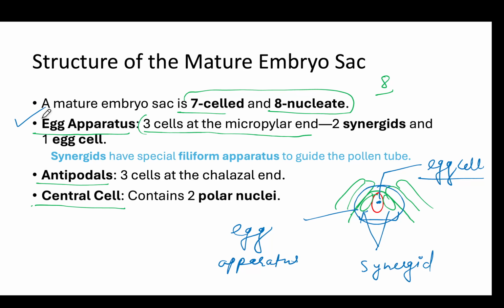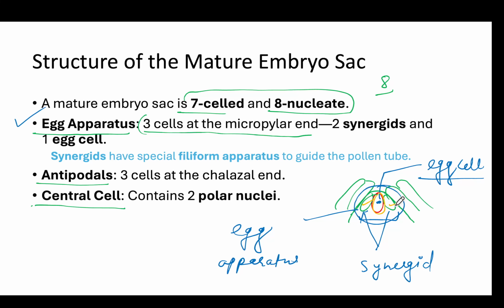Since it's an egg apparatus, a single egg cell is definitely present here. So if one single egg cell is present here, what about the other 2 cells? We call them synergid cells. These synergid cells contain some other structure as well, which helps in guiding the pollen tube, the contents of the pollen tube, towards the egg cell. Clear?